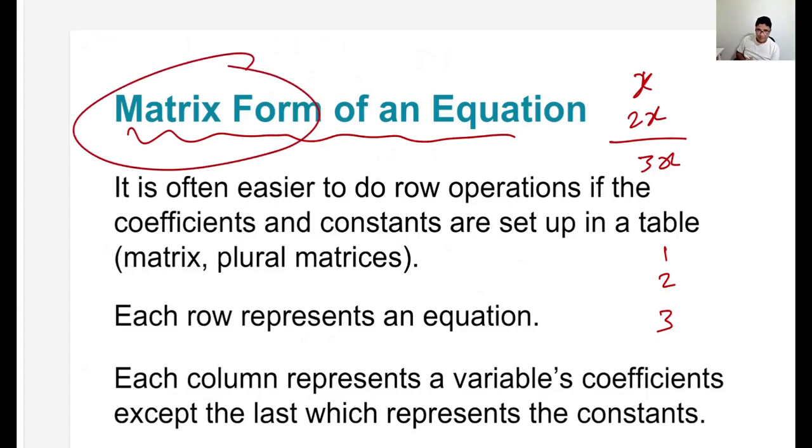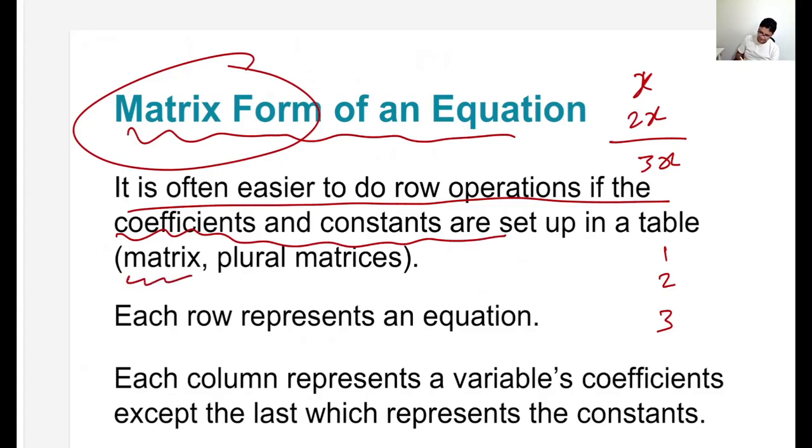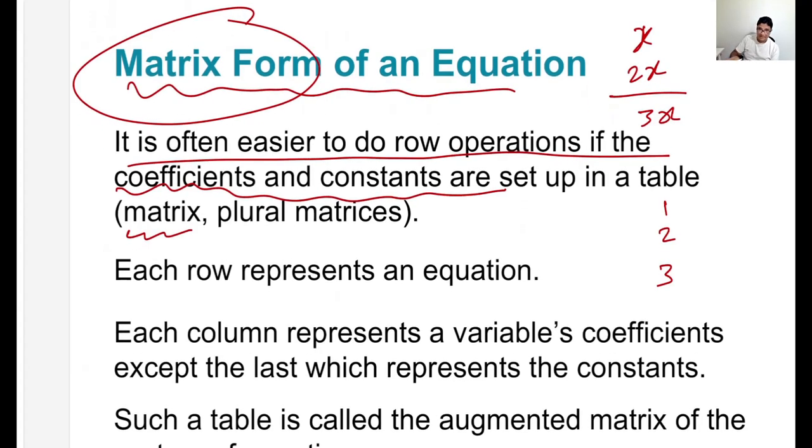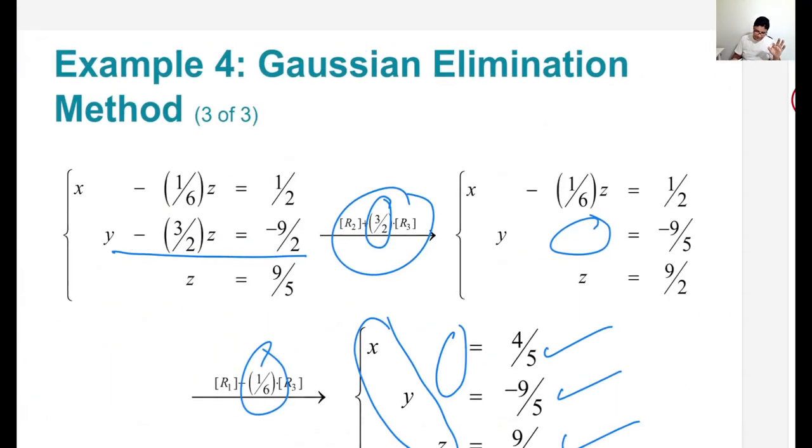Okay. So it is often easier to do the row operations if the coefficients are set up in a table, in a matrix. So that you are not writing the variables, just writing the numbers in a table, which will be called a matrix. Then in such a matrix, every row is an equation, right?